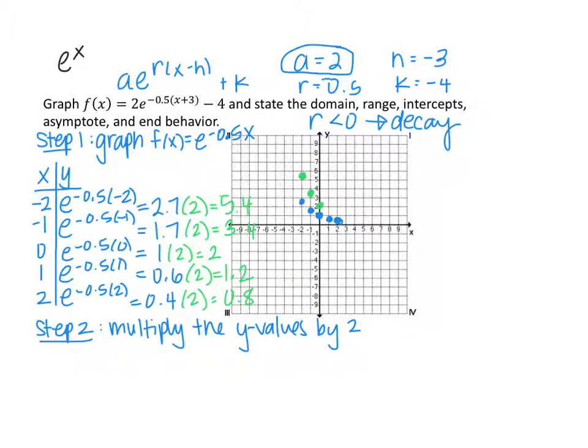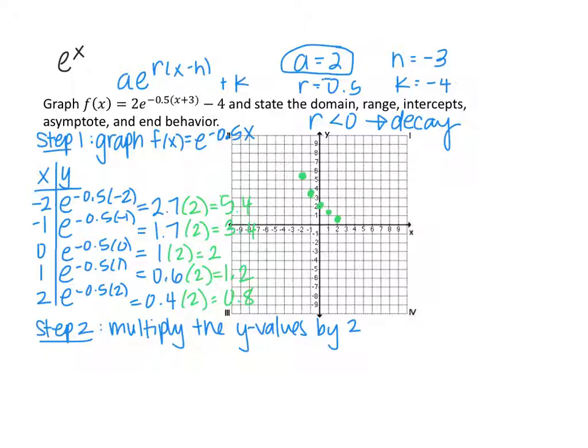I'm going to start erasing these old ones. And then 1, 0.6 becomes 1, 1.2. I'm going to erase the old one. And I'm going to also erase this last one because instead of 0.4, it becomes 0.8. So now our graph is vertically stretched by 2.